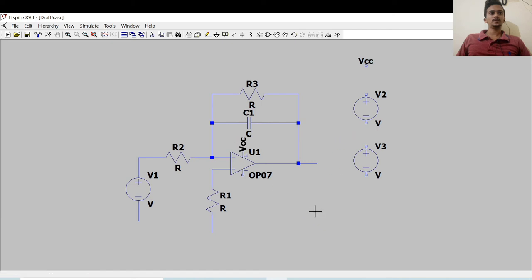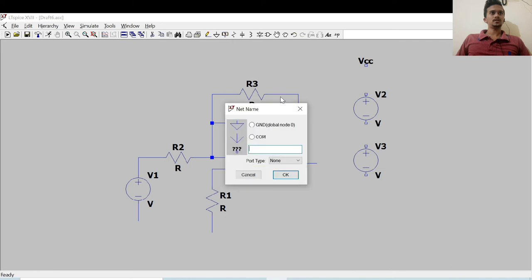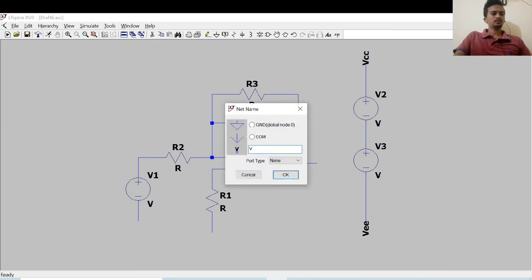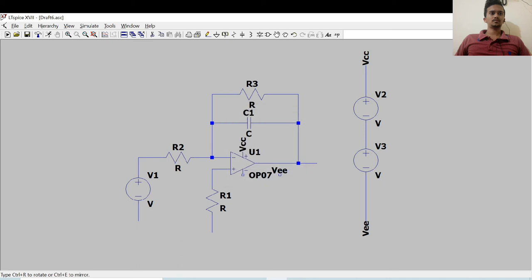This will be VCC, and then V. Let's connect these both. That's ground.